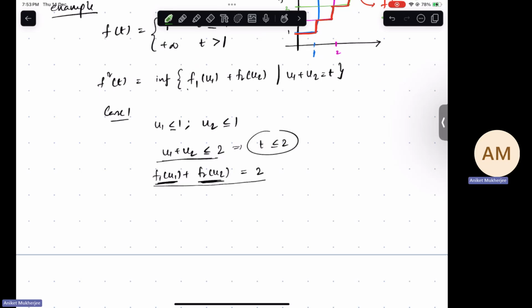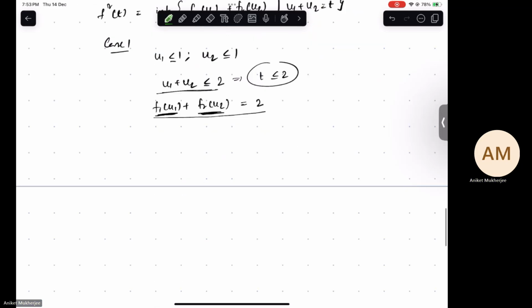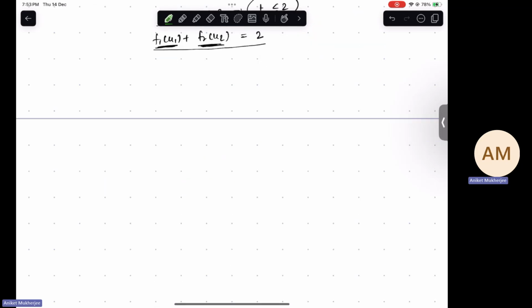So now we'll see some properties of subadditive closures and also subadditive functions. Okay. So theorem.